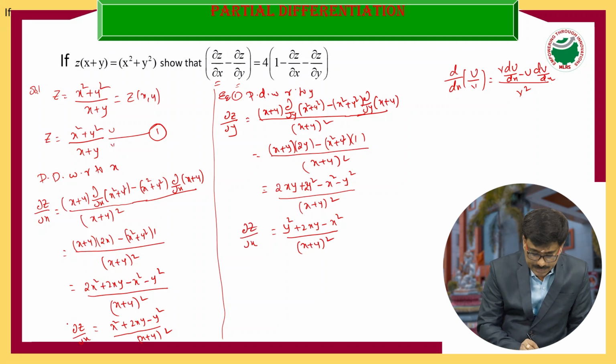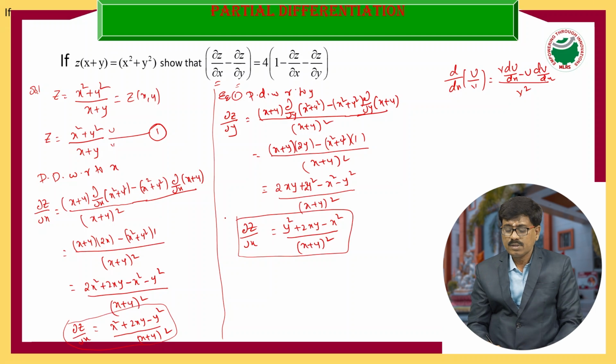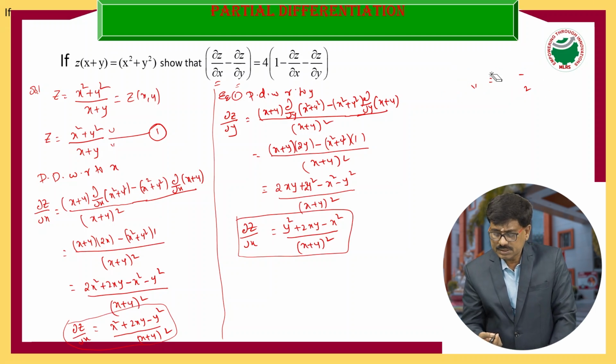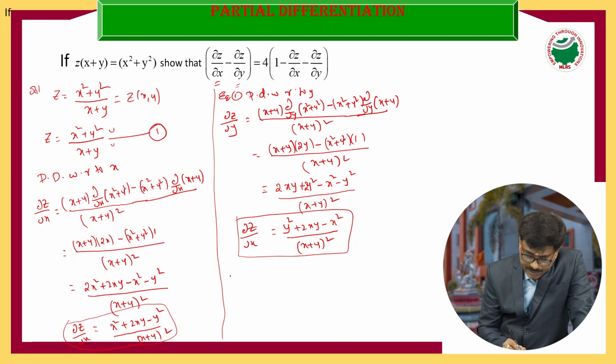Now we calculated these standard derivatives for this function. Now, with this partial derivative with respect to x and with respect to y, we need to verify dou z by dou x minus dou z by dou y.